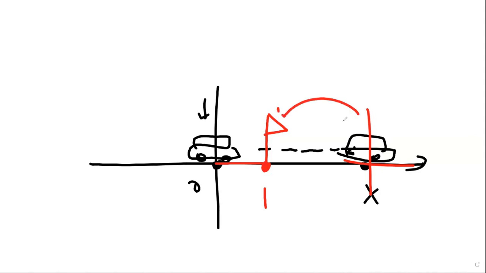You look back, and in the old system the flag is located at 1, but you moved to here by X. So under the new system, where should the flag be? Minus X plus 1, right? If this is the new frame's 0.